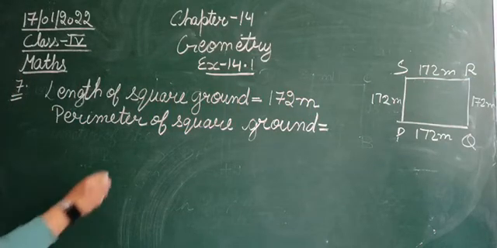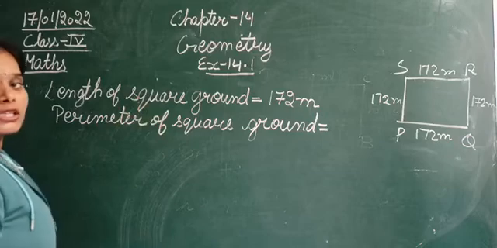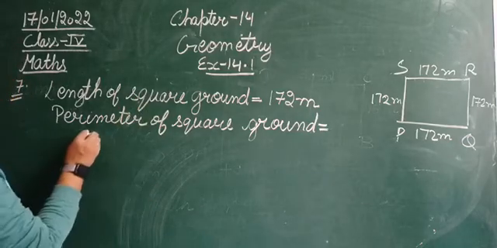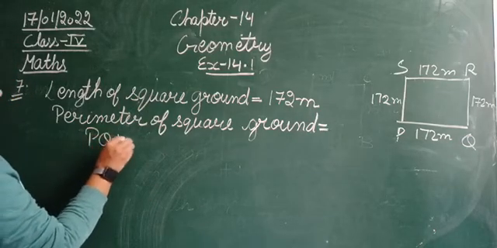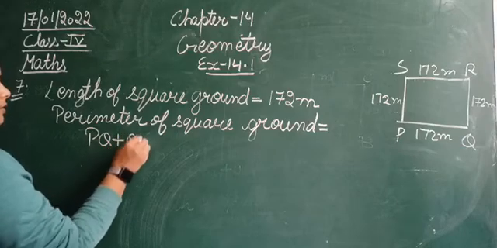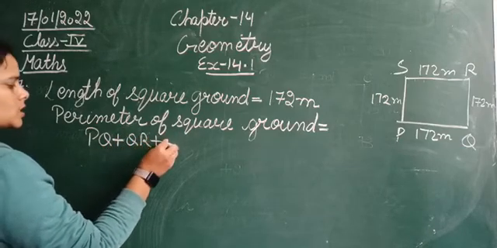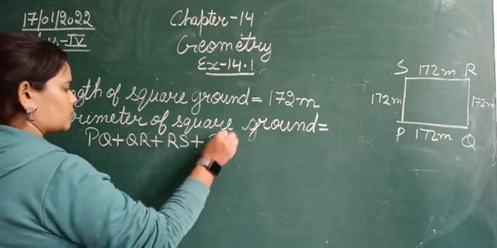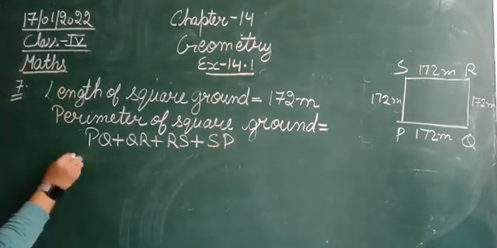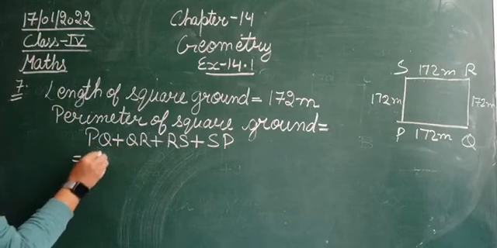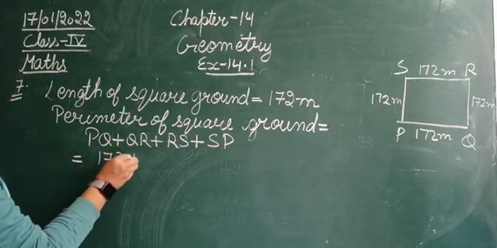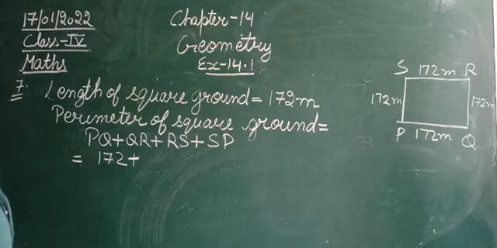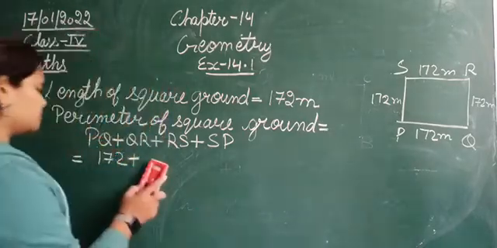Let's find out the perimeter by adding the measurement of all the four sides, that is PQ plus QR plus RS plus SP. Okay, so now add it. PQ is equal to 172. QR, as it is a square ground, all the four sides are same.